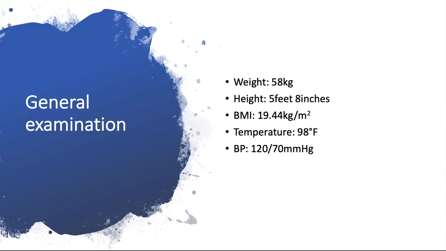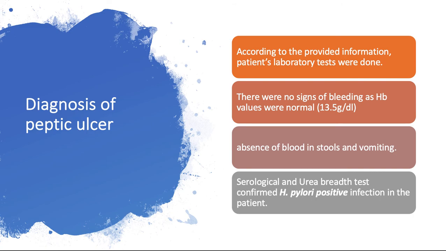These are the results of the general examination of the patient, and you can see the patient's weight, height, BMI, temperature, and blood pressure. According to the provided information, the patient's laboratory tests were received and there were no signs of bleeding as hemoglobin values were normal.